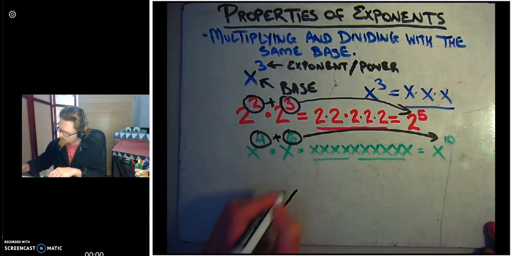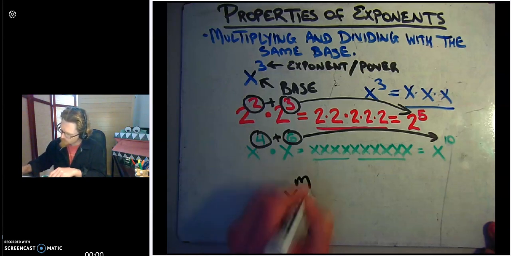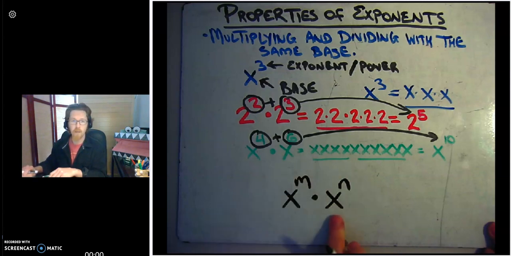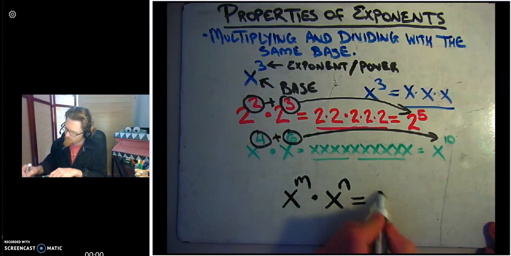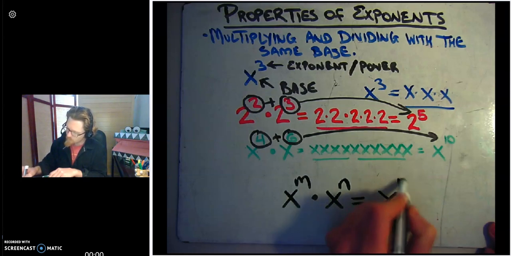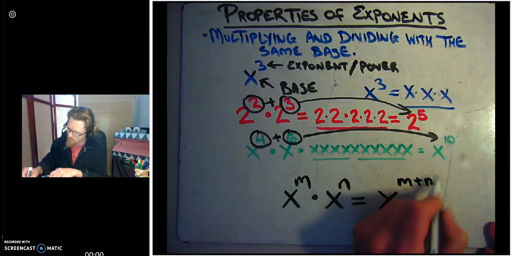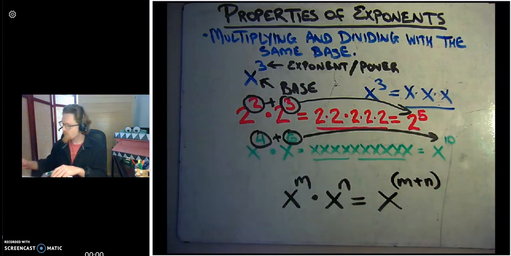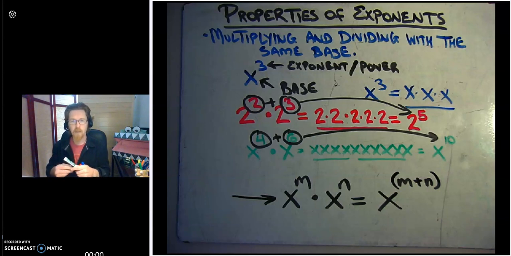When you have the same base raised to an exponent, multiplied by the same base raised to an exponent, a simple way to combine these is to add the exponent values together. As we can see, 2 plus 3 made 5, and 4 plus 6 is 10. So here is our rule for multiplying exponents with the same base.